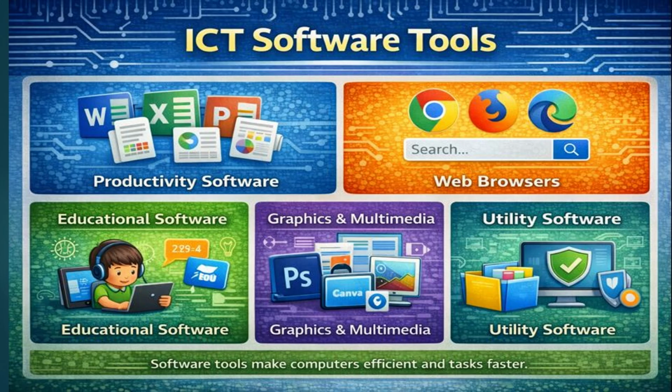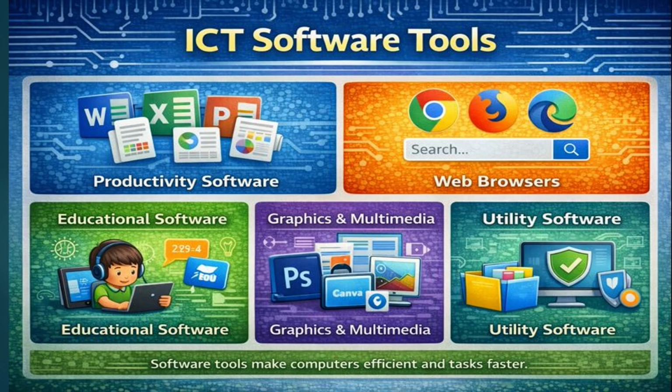Okay, let's talk about ICT software tools. Software tools are programs that help us perform tasks on a computer or digital device. Software is intangible. It exists inside the computer. There are different types of software tools.